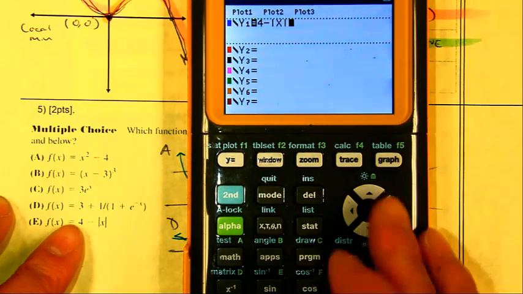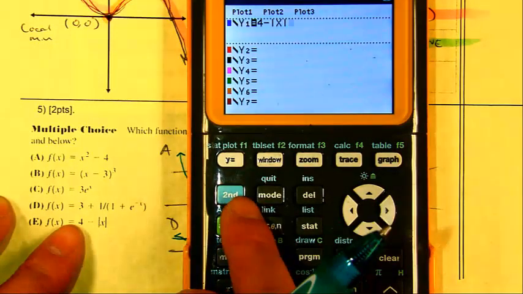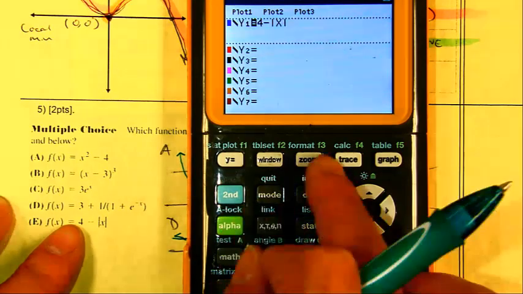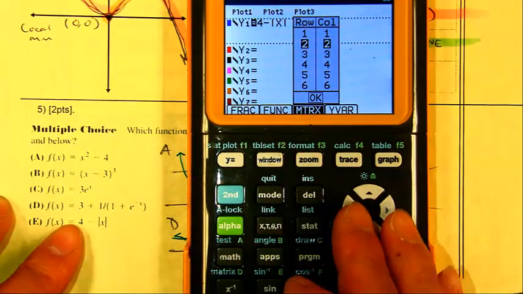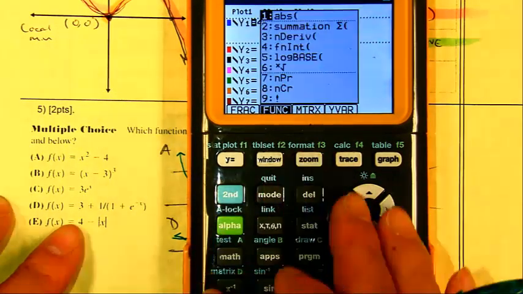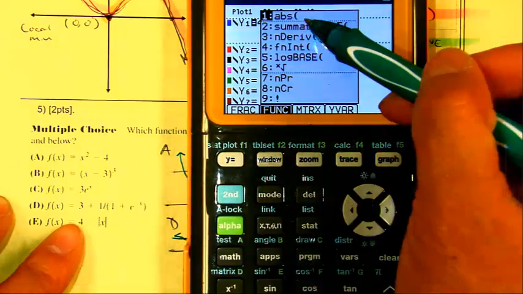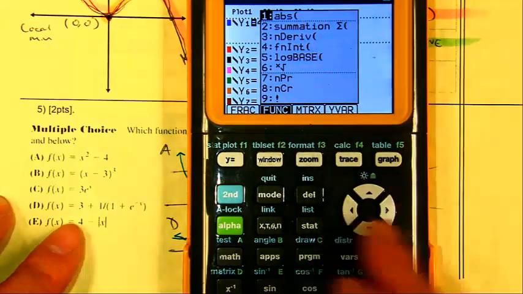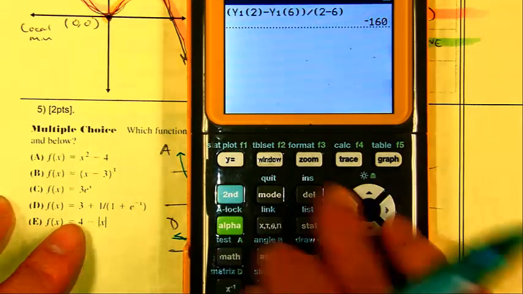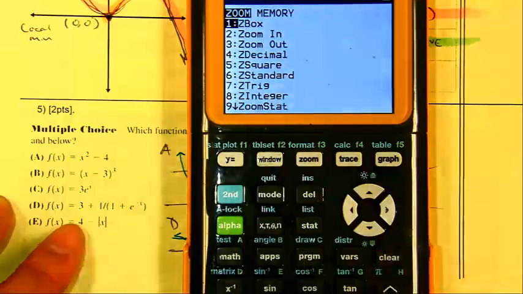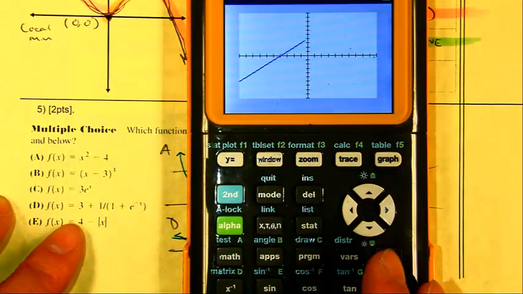And I think you can also get the absolute value by going to alpha F3. No, alpha F2. Right there in abs. So here's my graph, zoom 6. There's my graph.